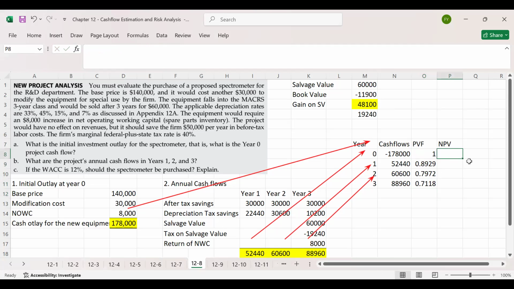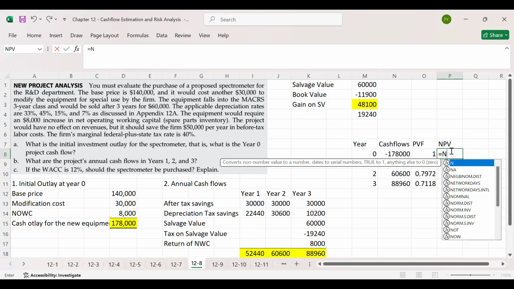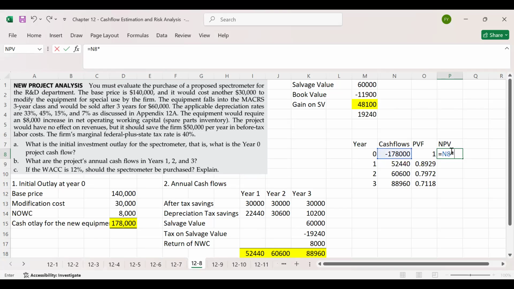Now what we are going to do is multiply cash flows with the present value factors. So in year 0, we multiply the cash flow by its factor. So these are the present values of inflows each year.